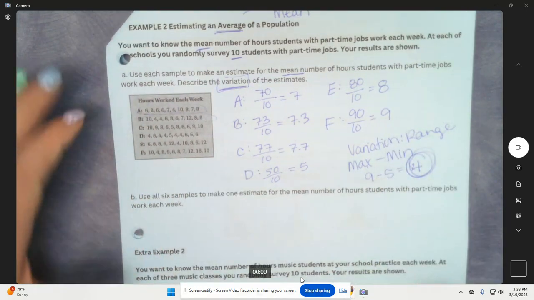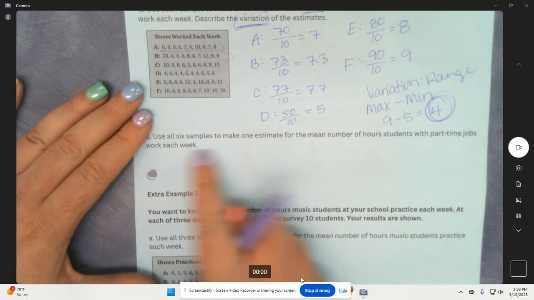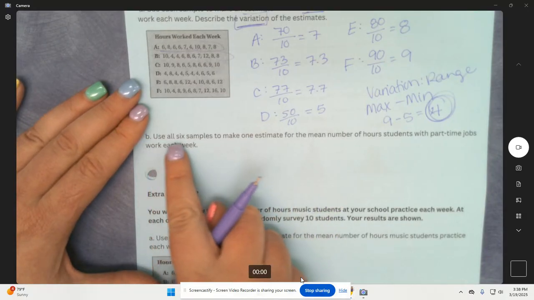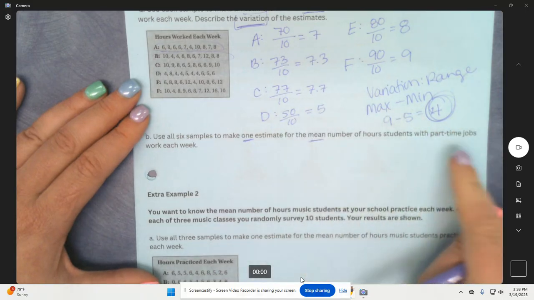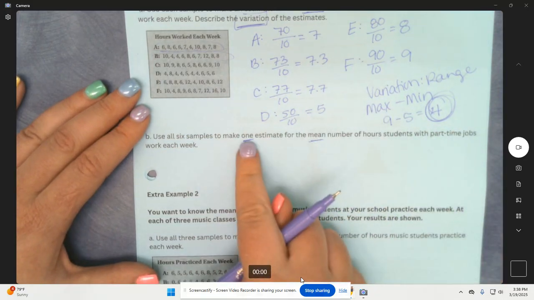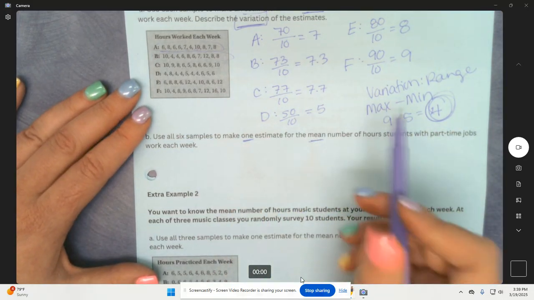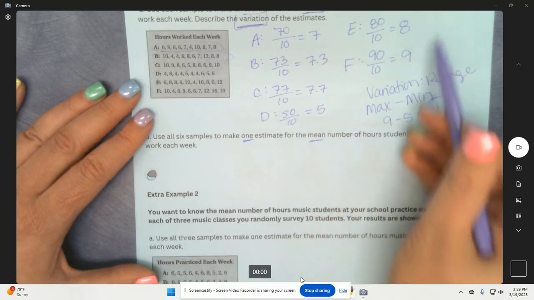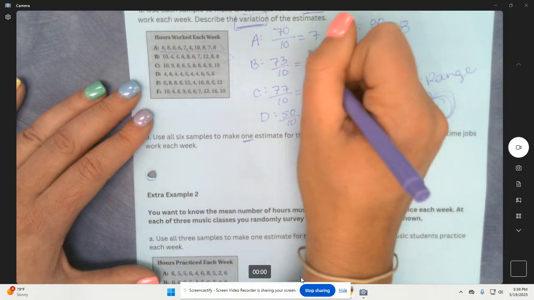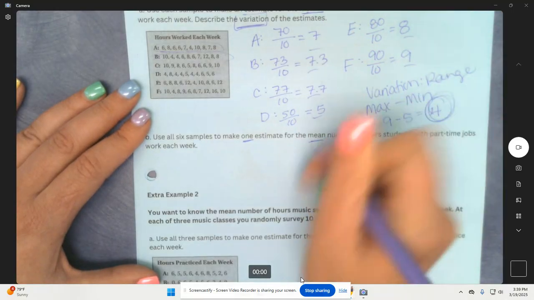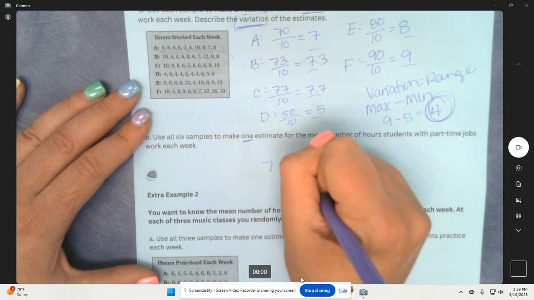In part B, it says use all 6 samples to make one estimate of the mean of the part-timers. If we want one estimate, we're going to have to find the mean of the means. So we're going to take all these means and add them together.